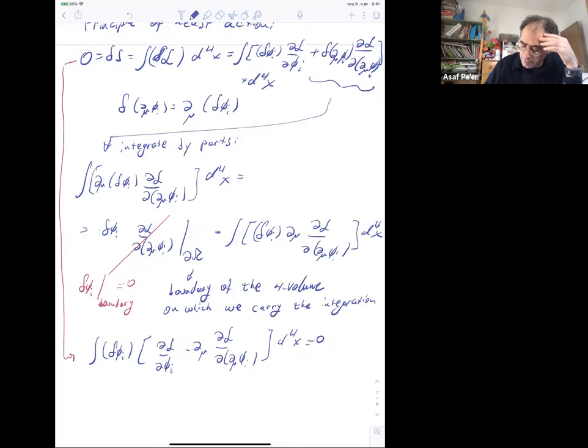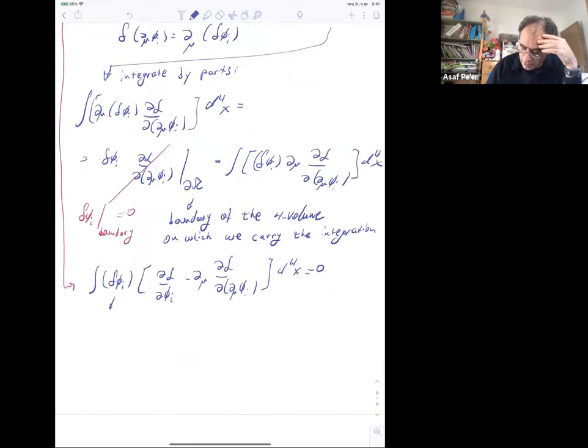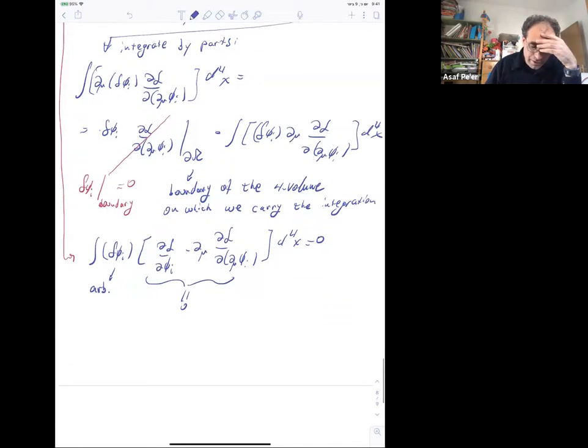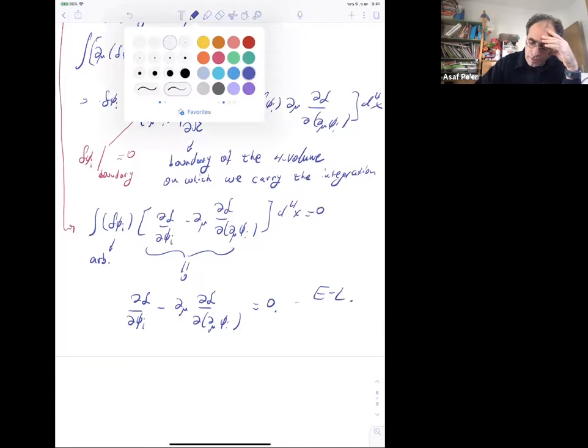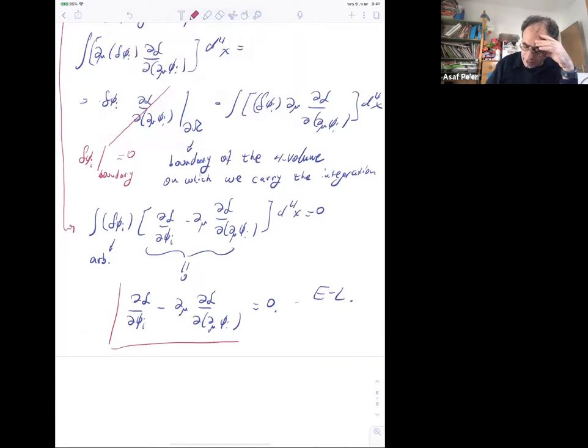So we must conclude that everything in the bracket has to be 0, which gives us the relativistic generalization of the Euler-Lagrange equation: dL over d phi_i minus d_mu dL over d(d_mu phi_i) is equal to 0. Again, this is the Euler-Lagrange equation. So in fact, if you follow the math, it's pretty much identical to what we do in the classical case.